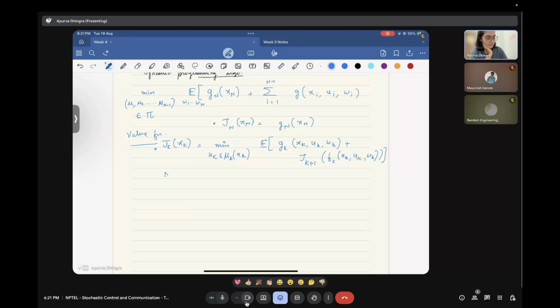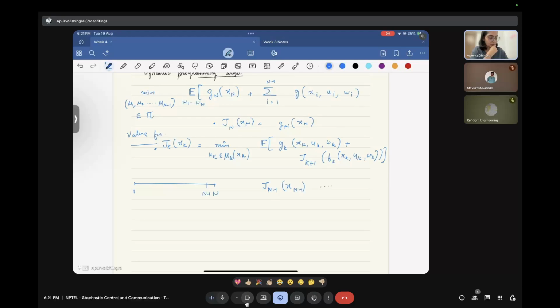So if the total time horizon starts from 1 and goes up to n, we look at the step before. So we look at n minus 1, and then we find out what is J n minus 1 for whatever state there is. Whatever is the state space for all of those x's, we'll have to find out what is J of n minus 1.